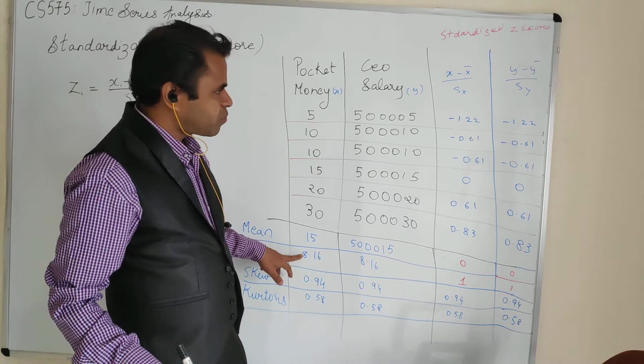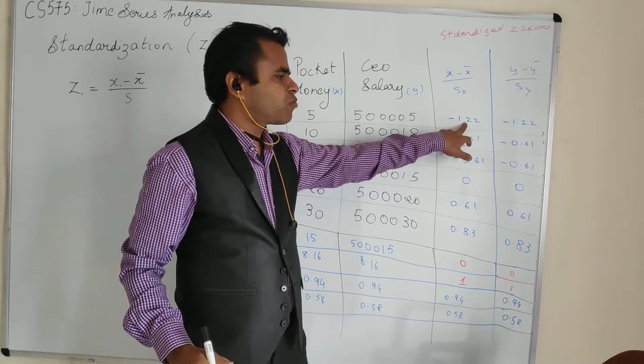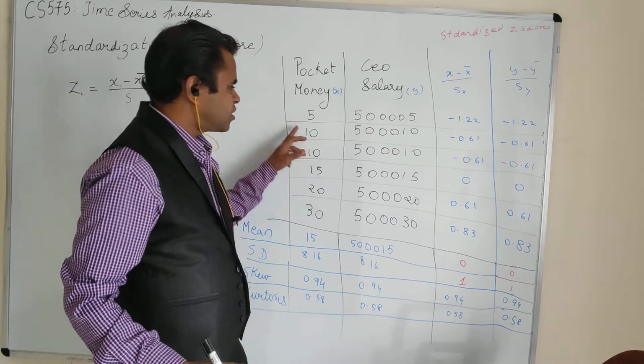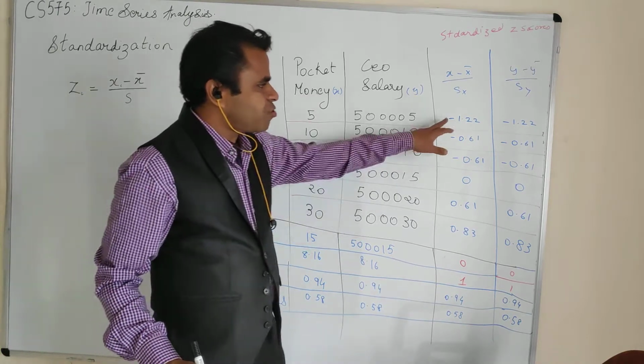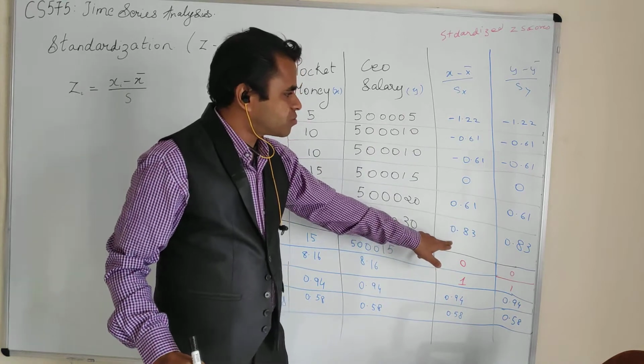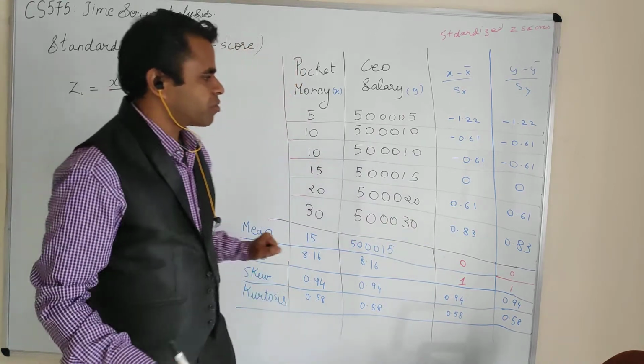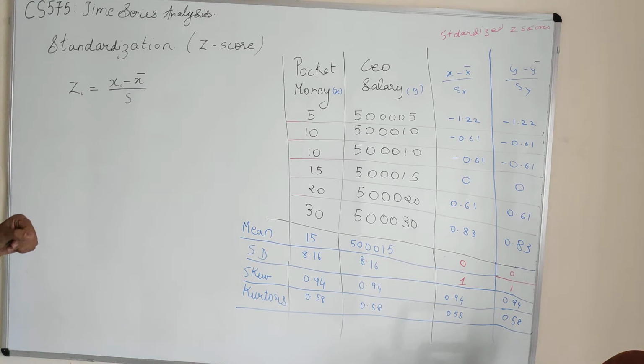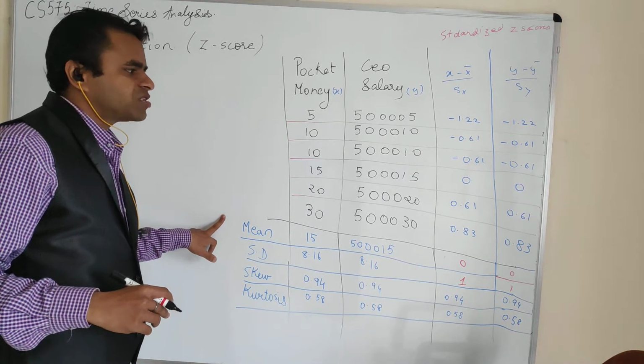When you divide by 8.16, it will be roughly minus 1.22, right? Similarly for other values. Now you can see when I add all the values, this will sum up to 0, right? Once these sum up to 0, the mean of the sample comes out to 0.